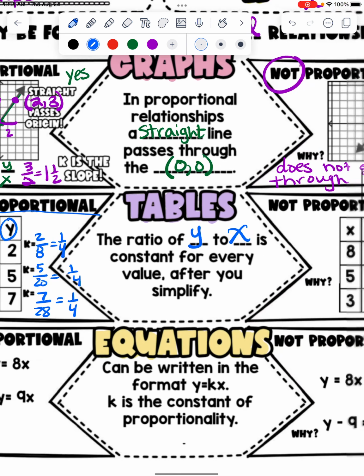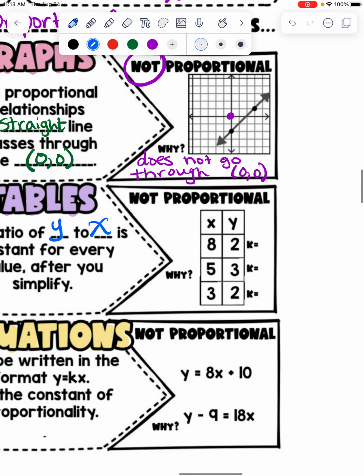So you probably already know what's going to happen with this table over here because it's under the non-proportional column. Let's check it out though. Let's do the y divided by x. We get 1/4. And the y divided by x does not simplify to 1/4, and neither does this one. So if 2 of them are the same and 1 is not, it's still not proportional.